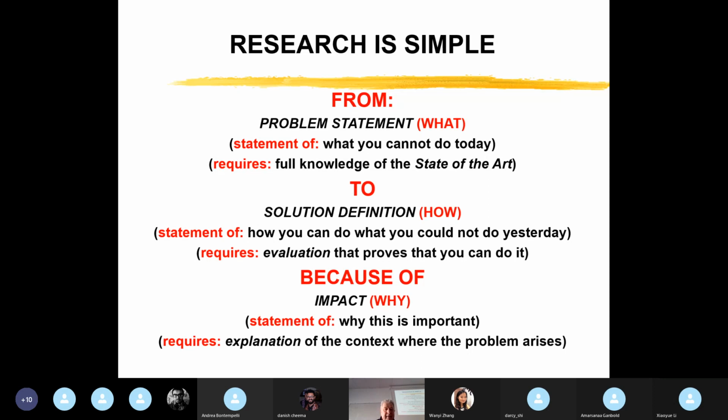So, the problem statement, the what? The problem statement is about what we cannot do today, right? And then you can say, oh, well, I cannot ride a bike. Is that the problem? No, because when we say what I cannot do today, I mean worldwide. This must be something that cannot be done.